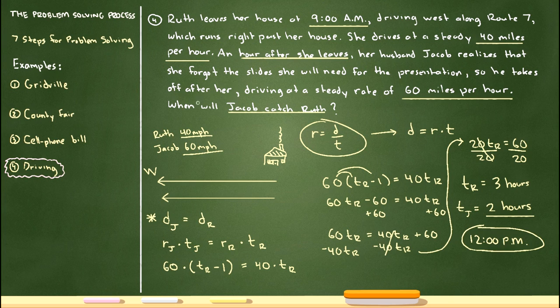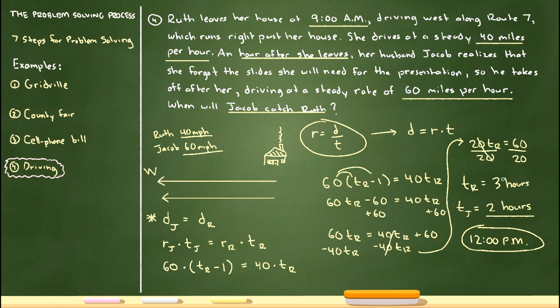I know when it says when will Jacob catch Ruth, it looks like these would be appropriate answers as well. You see, actually, these answers wouldn't be appropriate because when it says, when will Jacob catch Ruth, these are in reference to somebody.